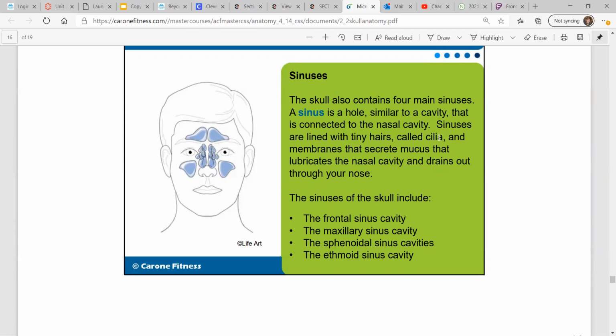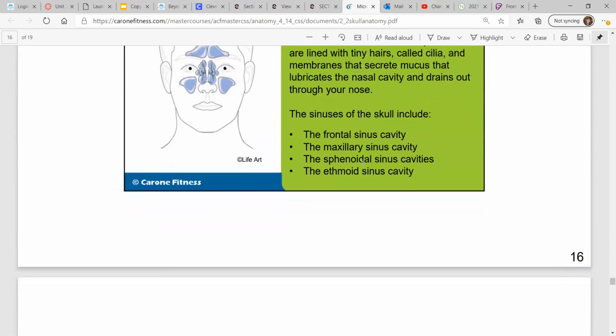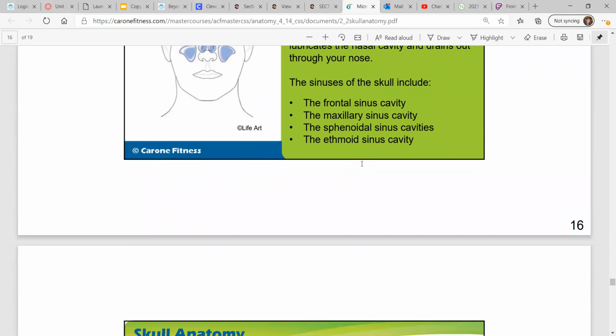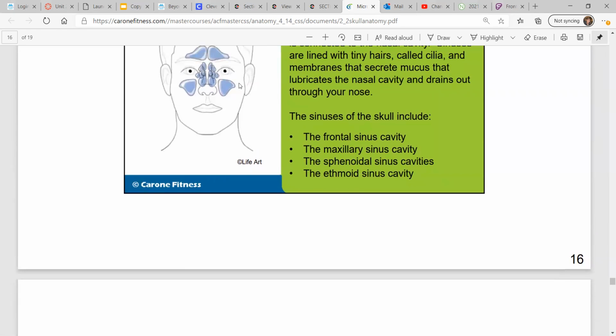The sinuses of the skull include the frontal sinus cavity, the maxillary sinus cavity, sphenoidal sinus cavities, and the ethmoid sinus cavities. So if you ever hear people talk about their sinuses, picture this next time. It's holes near your other cavities, like your eyes, nose. And that's what people mean by sinus headache. Usually has to do with this area.